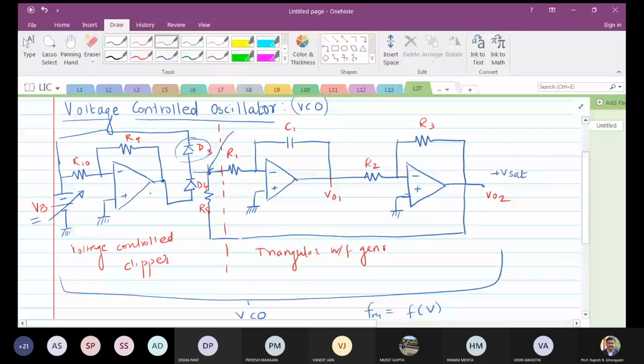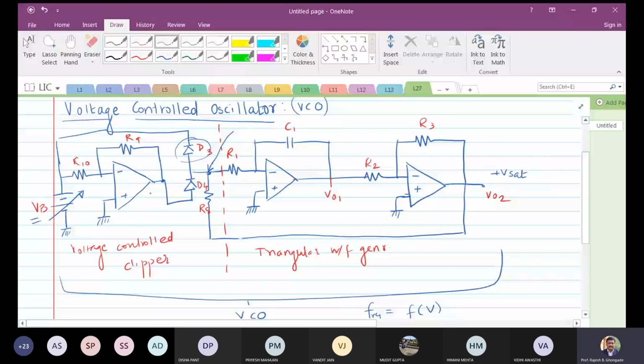So VB controls the peak voltage appearing at the input to the integrator. This is very, very important. Are you able to understand that?